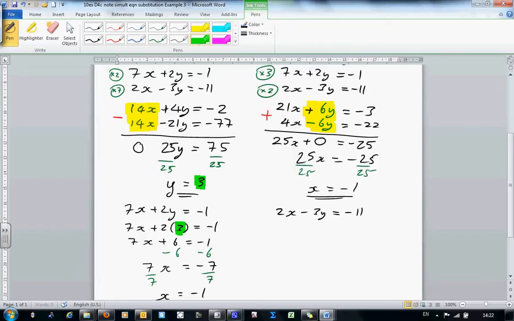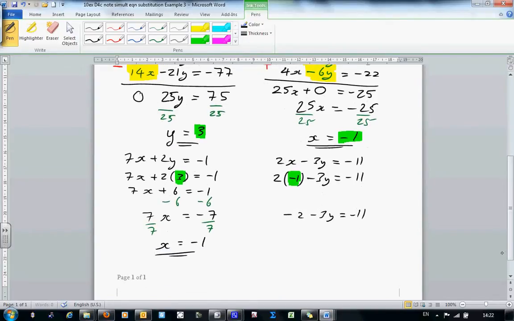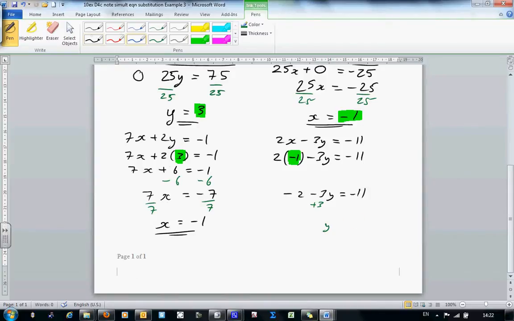And remember what we're doing here, we're trying to get y on its own. What I like to do, and I've shown you this before, is take it to the other side, or what I'm actually doing is I'm adding 3y to both sides. So negative 2, negative 3y plus 3y has disappeared, equals 11 plus 3y. I will now take 11 off here and 11 off here.